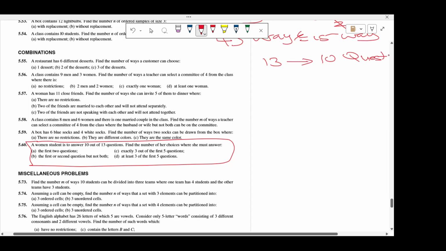Find the number of her choices where she must answer the first two questions. So there are 13 questions, right? She needs to answer 10 questions. A woman student is to answer 10 out of 13 questions. Find the number of her choices where she must answer the first two questions.